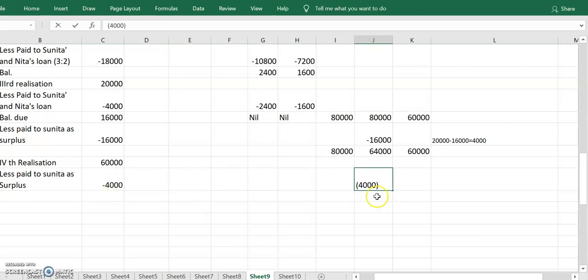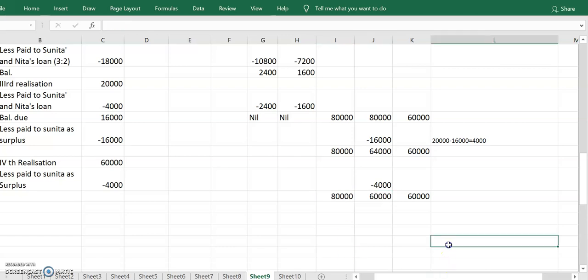So now Sunita's capital is showing 60,000 still in her capital balance, 60,000 for Nita and 80,000. There are no payments given to the other partners because she has an absolute surplus statement. After this payment, 56,000 remain in your cash column. You can say it is a balance available for the payment.